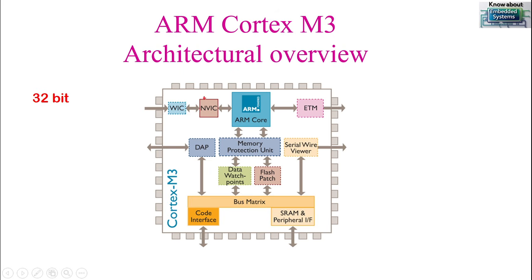This time we have NVIC, that stands for Nested Vector Interrupt Controller. Then we have a specialized wake up controller, called WIC, which stands for Wake Up Interrupt Controller. And then we have memory peripheral interfacing. So this is a simplified architectural overview of Cortex M3. Let us dive deep into the ARM Cortex M3 architecture.